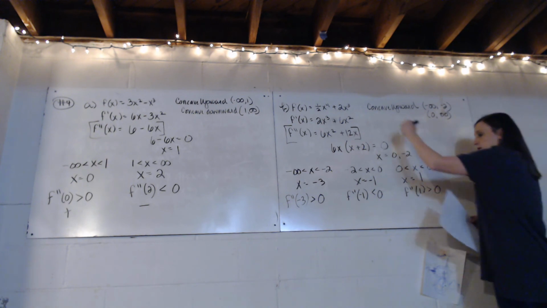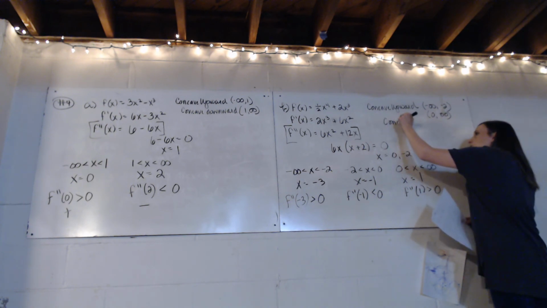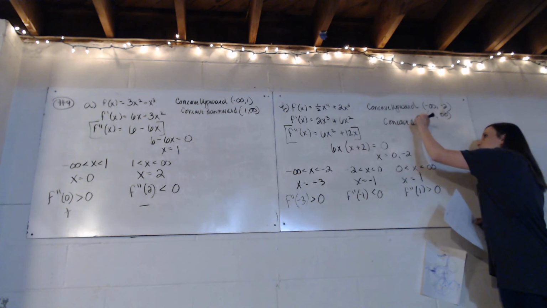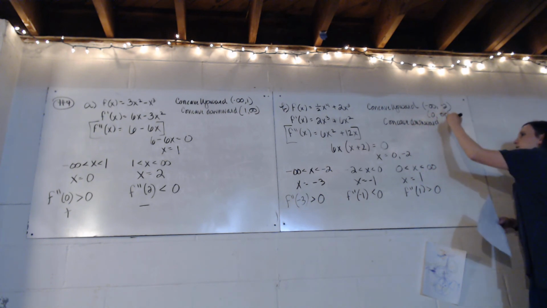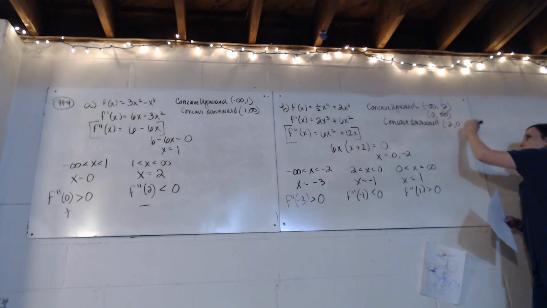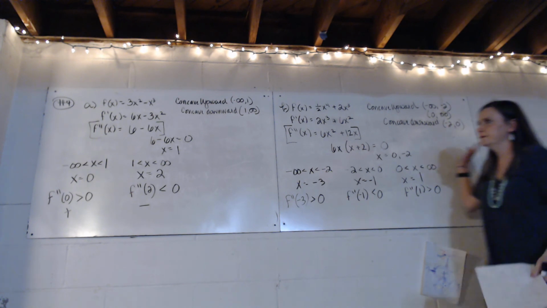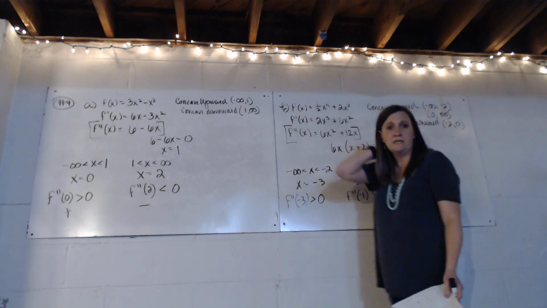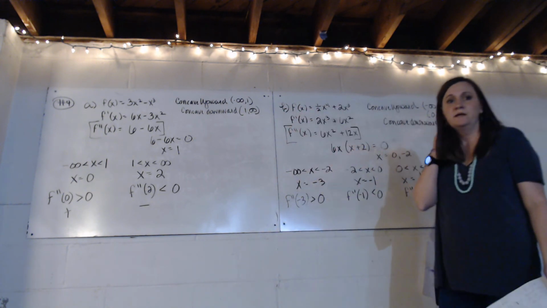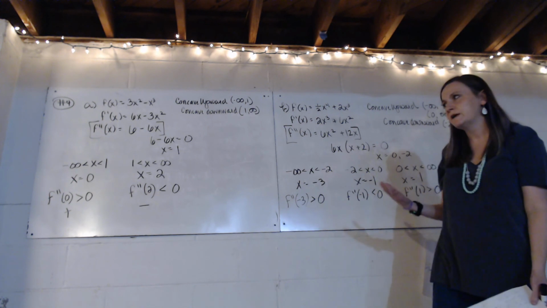And then I'm concave downward from negative 2 to 0. Okay, so that is how, for really any kind of function, we can determine our intervals of concavity. So just a review of that skill.